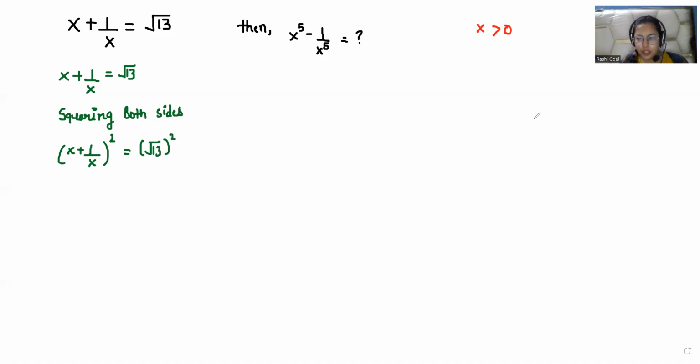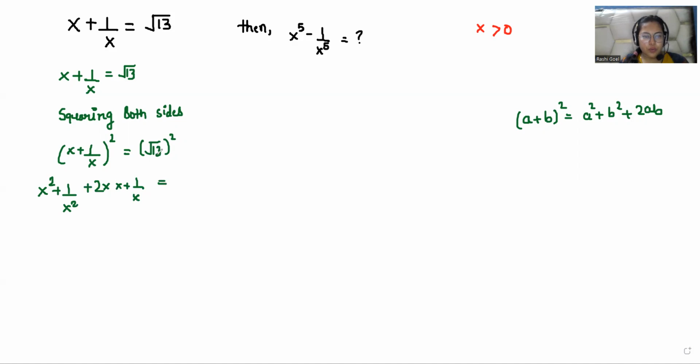Here I am expanding it with the help of the famous identity a plus b whole square, that is a square plus b square plus twice of ab. So it becomes x square plus 1 over x square plus 2 times x times 1 over x is equal to square root of 13 square, which is 13.